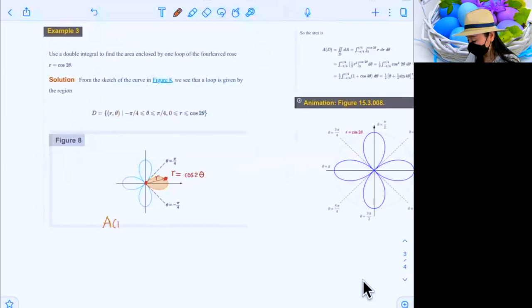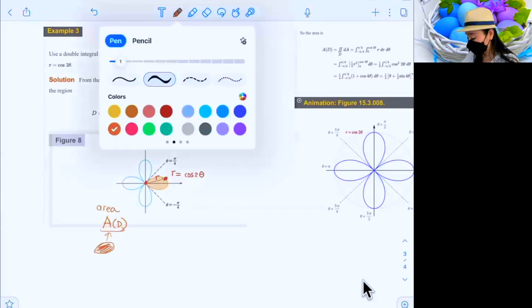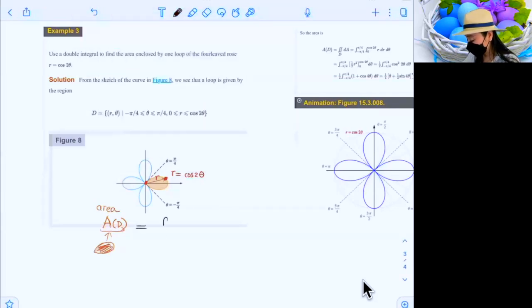So this base area is this petal. Then that is equal to the double integral of 1. It has to be height 1. If it's not 1, then the value is not equal to the base area.